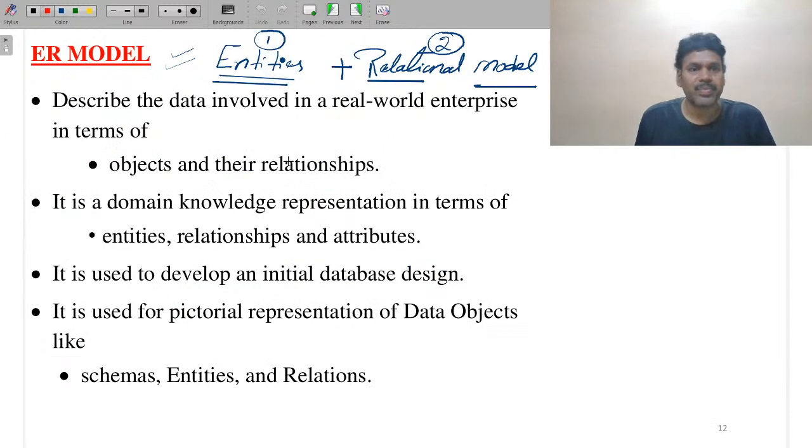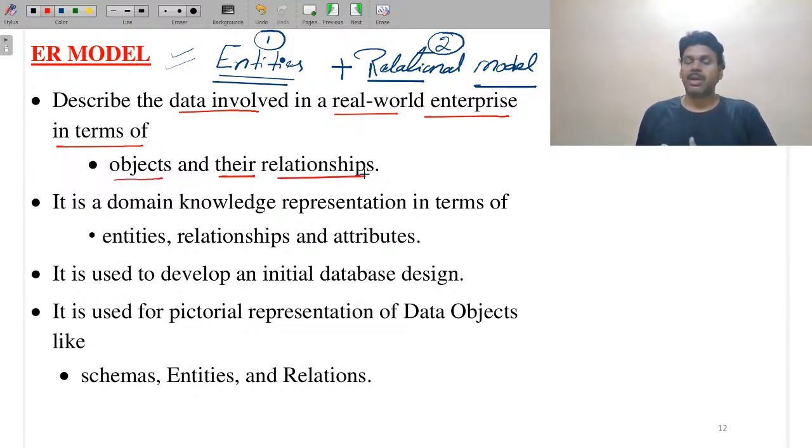As far as this concept, the ER model describes how data is involved in real world data, how it is involved. It is involved in the form of objects and their relationships. So it is also called representation of domain knowledge.